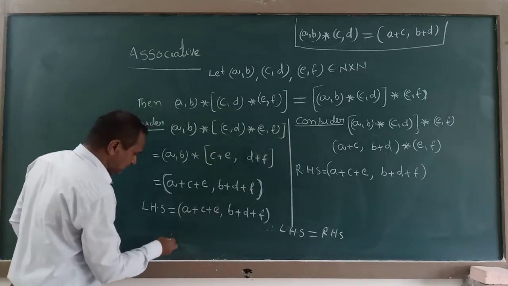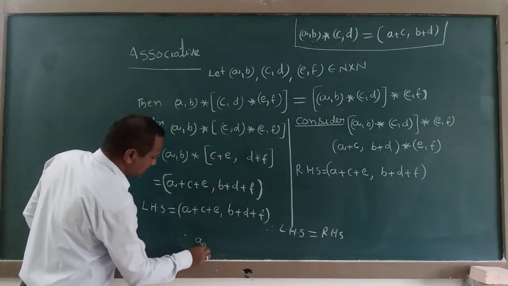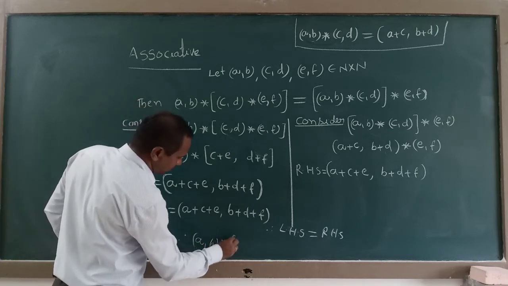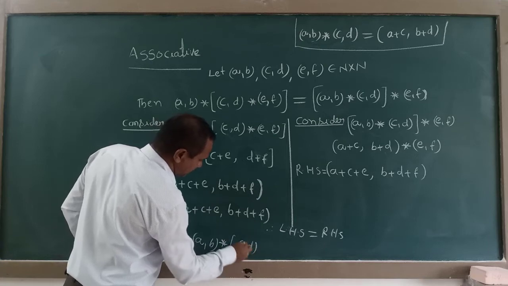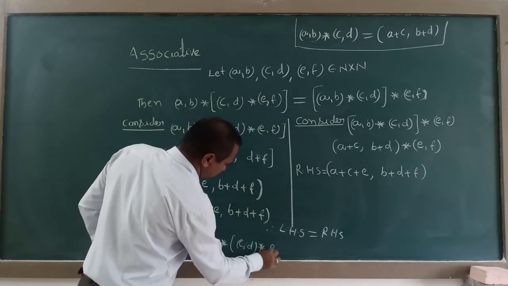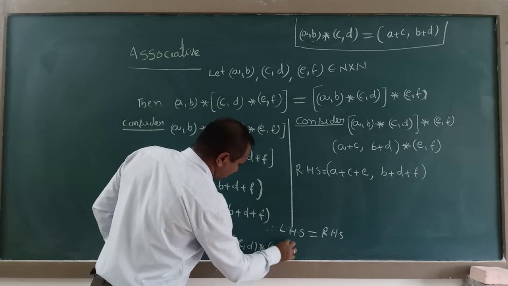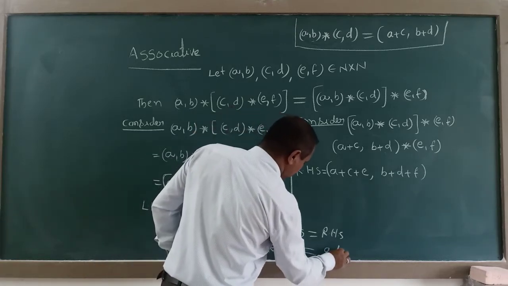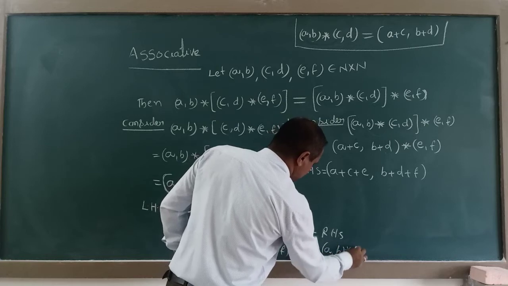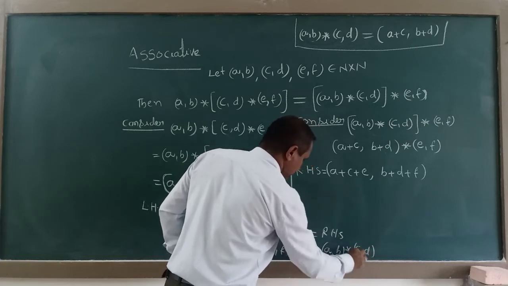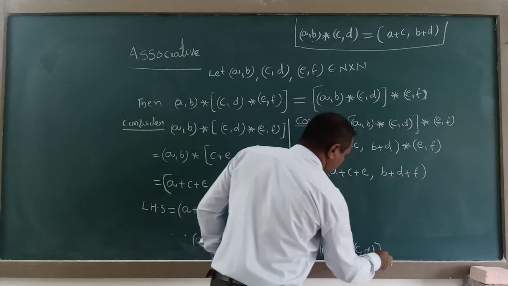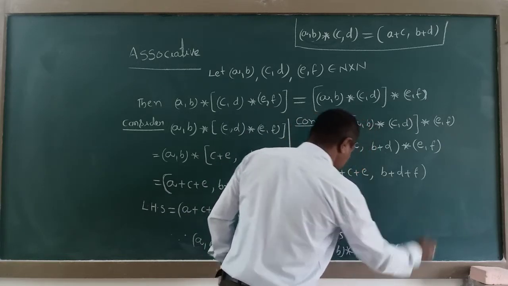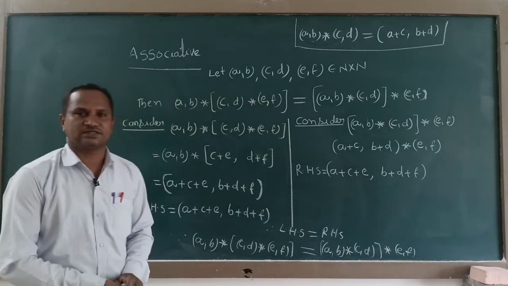Therefore, we can write here A comma B star of C comma D star E comma F is equal to A comma B star C comma D, star of E comma F. LHS is equal to RHS.